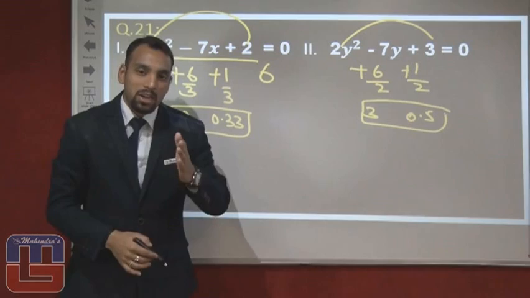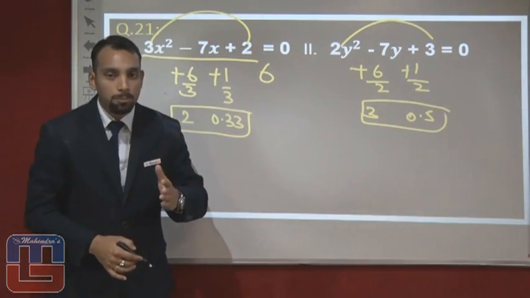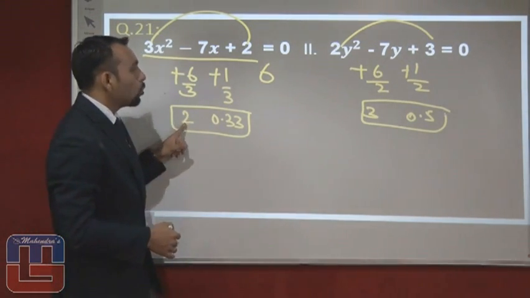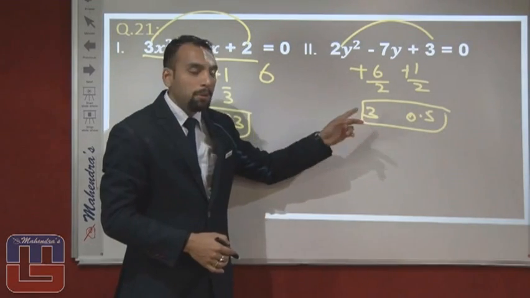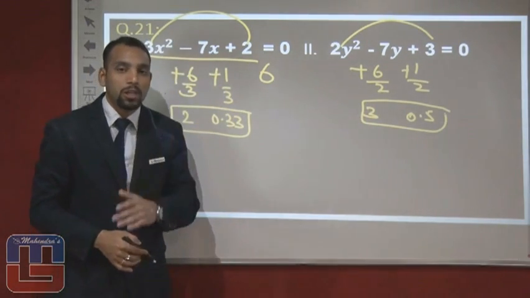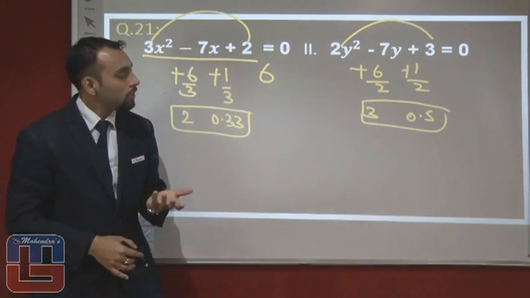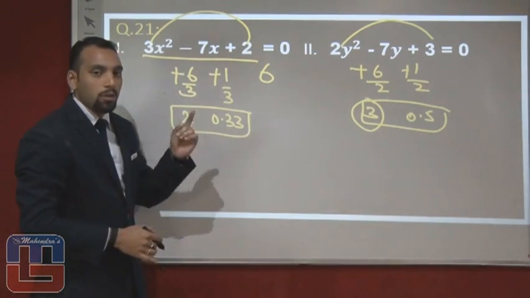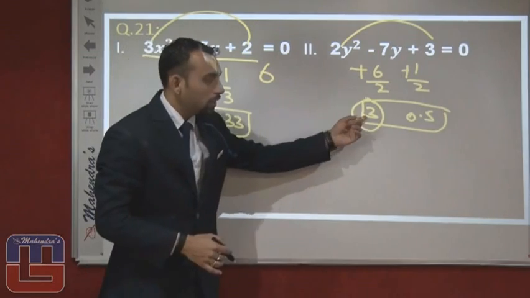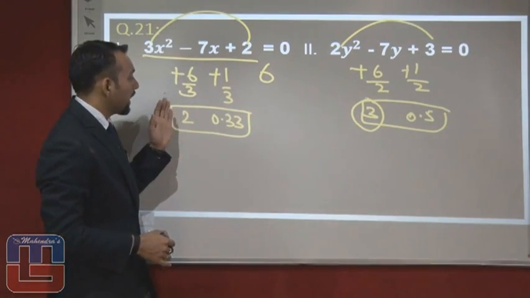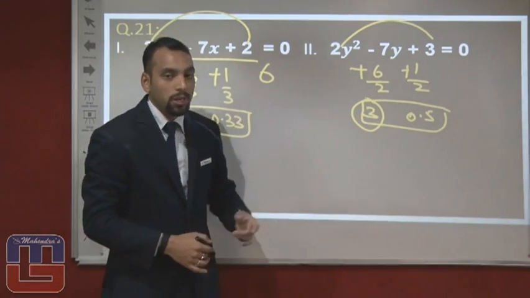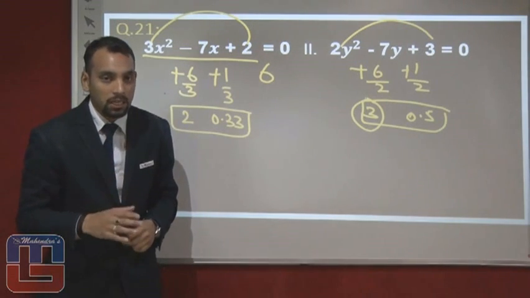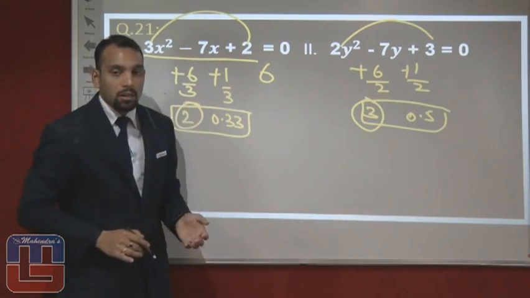Now compare directly. How you will compare? Firstly check 2 and 3. Between 2 and 3, which one will be greater? Clearly 3 will be greater than 2. So first condition, 3 will be greater than 2. On the second condition, 2 and 0.5, which one will be greater? Now see, 2 will be greater.